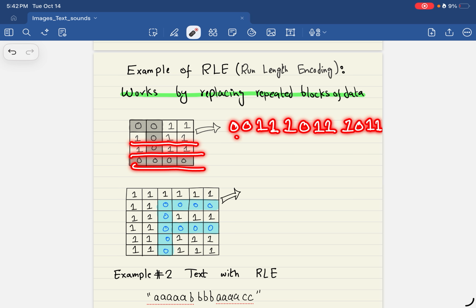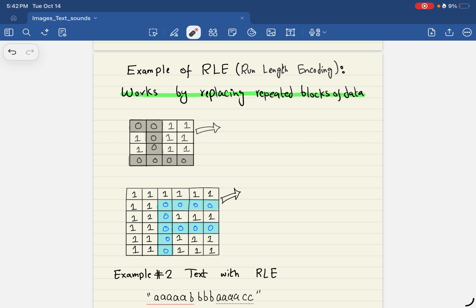And then the last row, which is 0000. The computer does not care about how these bits are represented in the image. It does when it has to construct the image, but when these bits are going to be stored in the computer, they are going to be sent as this series of bits.